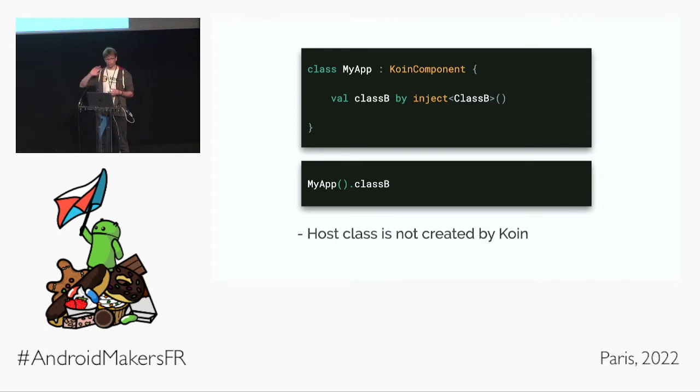To unlock the by inject function, we have what we call the KoinComponent interface. It's an interface that brings you the extensions, and then you can have, magically, the by inject for your class. When you are using Android, we provide all those extensions for you directly.